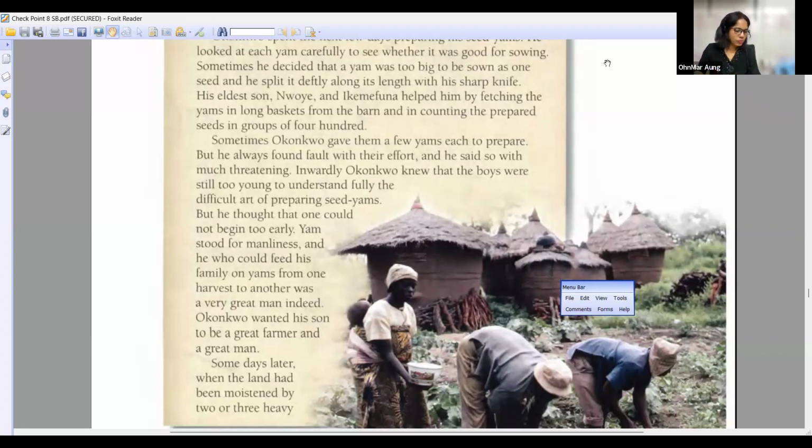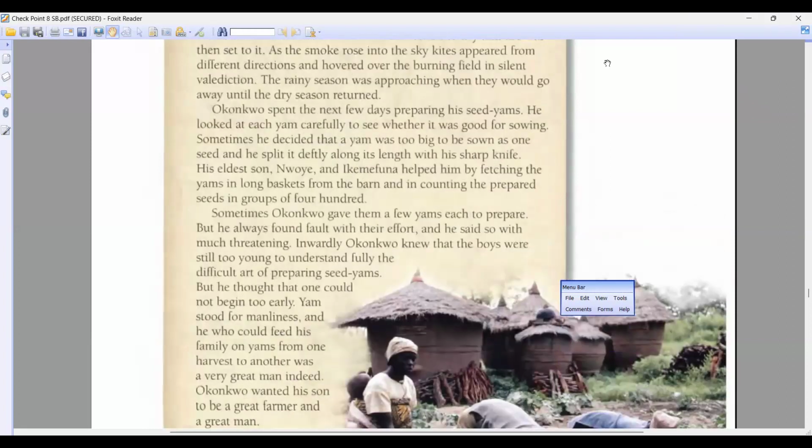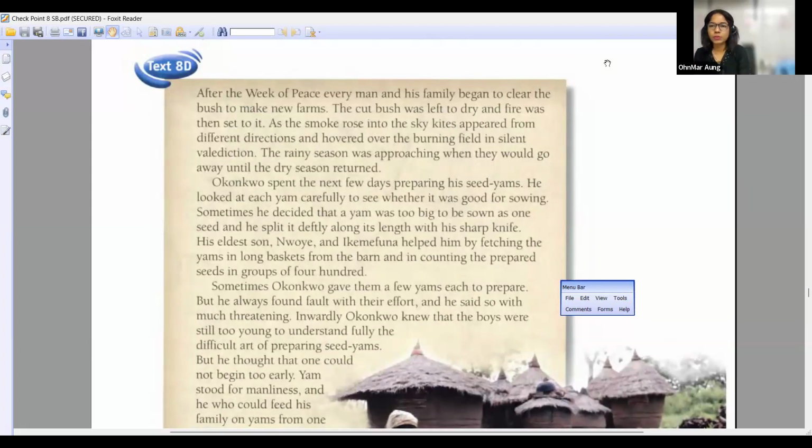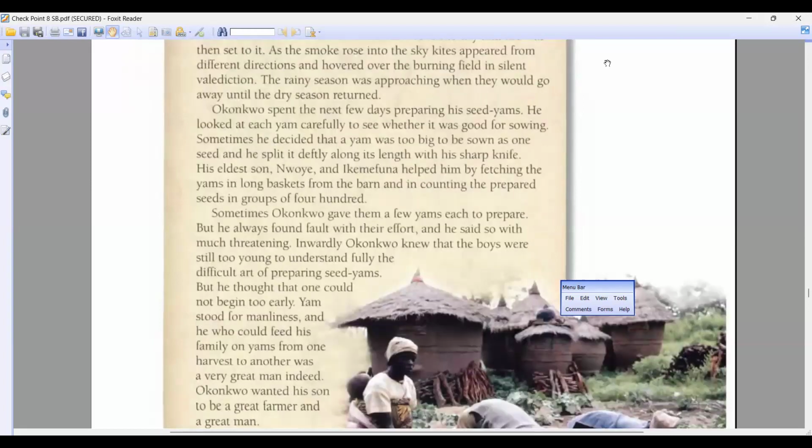Number 2. And Okonkwo was not impressed by the skill of the boy. True or false? True. Why? Yeah, it is true. Correct.